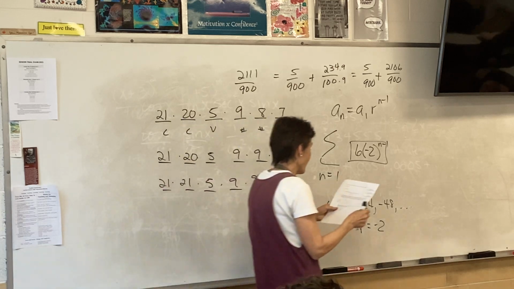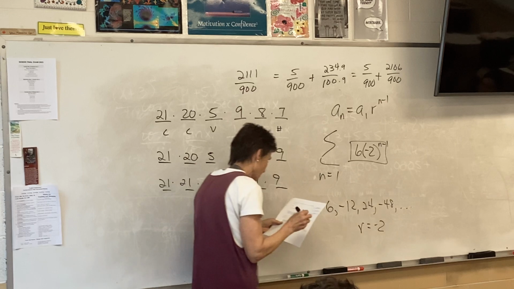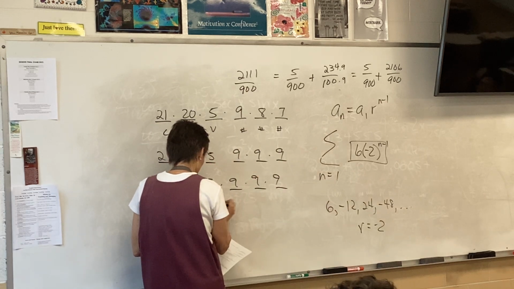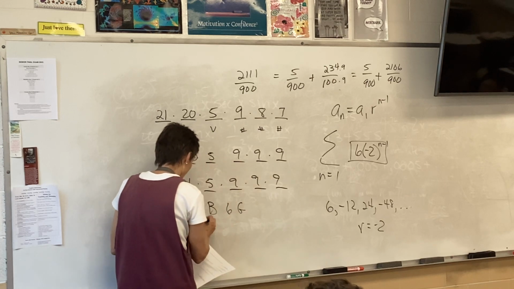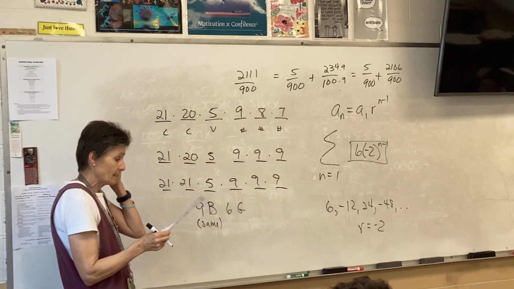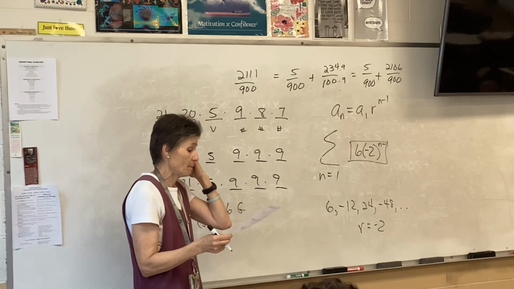How many ways can 9 blue and 6 gold beads be arranged on a bracelet with no clasp, if beads of the same color are identical? All right, so 9 blue, 6 gold, and these are all the same, and I'm putting them on a bracelet with no clasp. That means it's a perfect circle. How many beads are there?